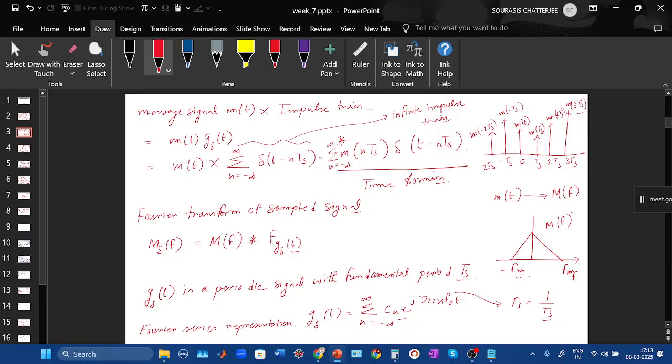By the way, we have already drawn the spectrum of the original message, so this is what it looks like. Its maximum frequency component is Fm.